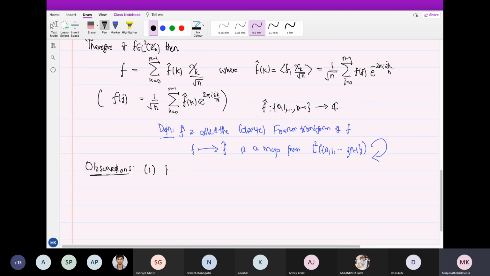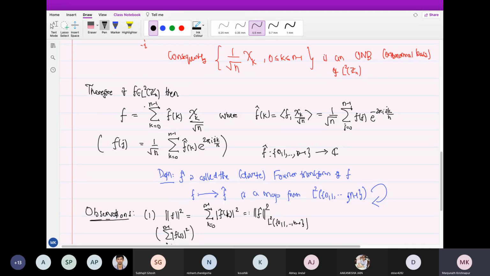The norm of f square, which is just the sum of f of j squared, is the same as the sum of f hat of k squared, which you can write as norm f hat square in L2 of this space. So f to f hat preserves the norm.